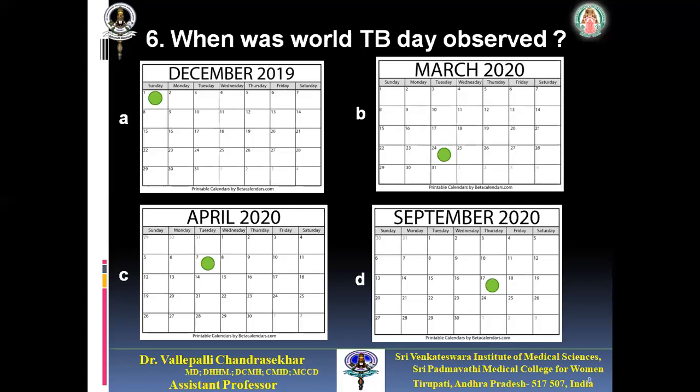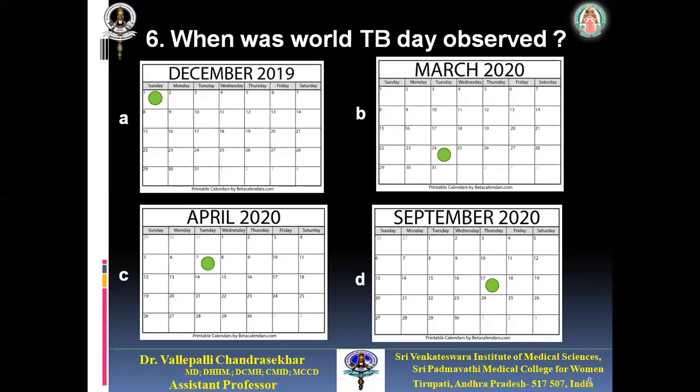Question number 6, when was World TB Day observed? A. December 1, B. March 24, C. April 7, D. September 17. March 24, sir. Okay, majority are opting for March 24, that is B. We will see at the end.